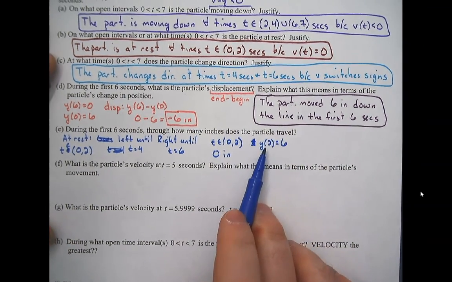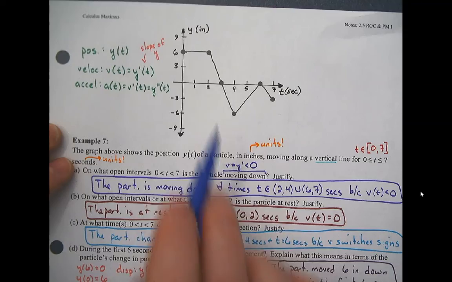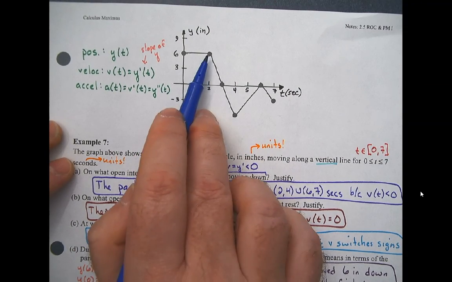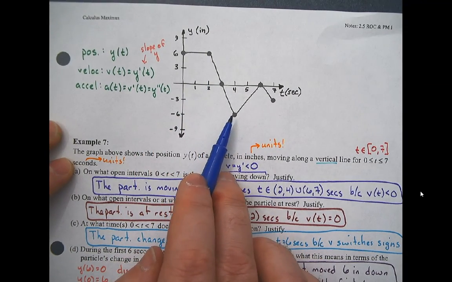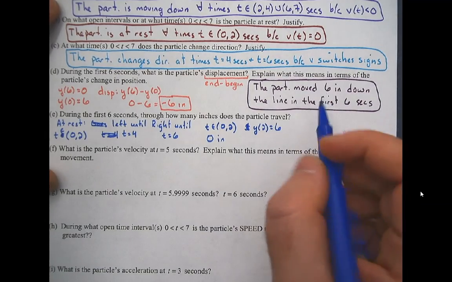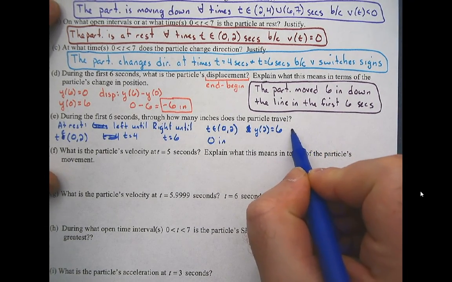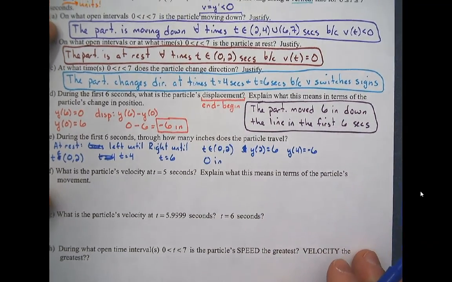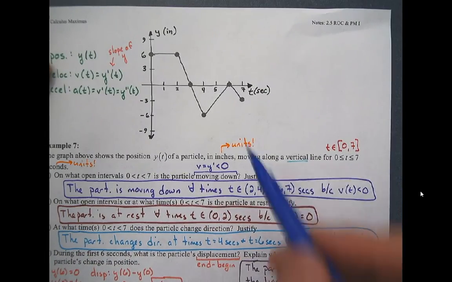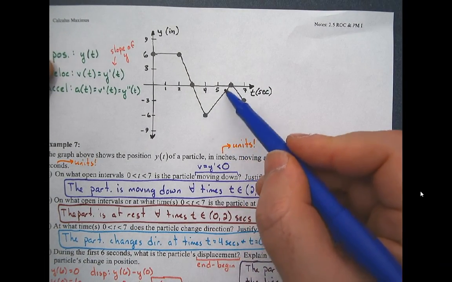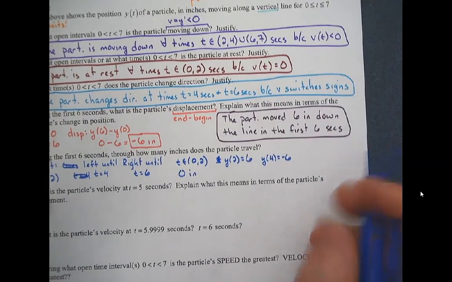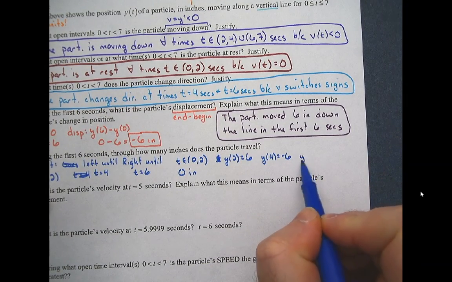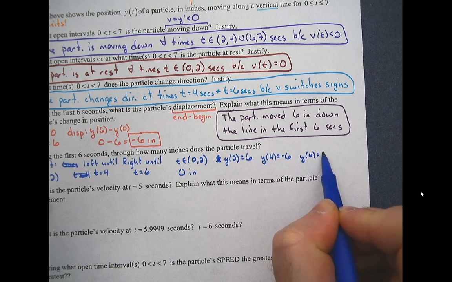So we know at 2 seconds our particle's position was 6. What was our particle's position at 4 seconds? It was negative 6. So y of 4 is negative 6. And then our particle started going to the right until we got to 6 seconds. So its position was y of 6 equals 0.